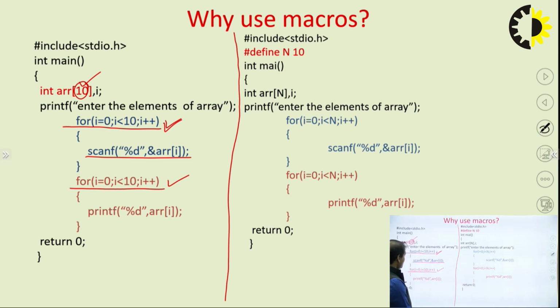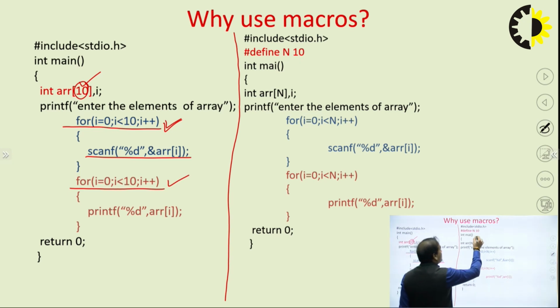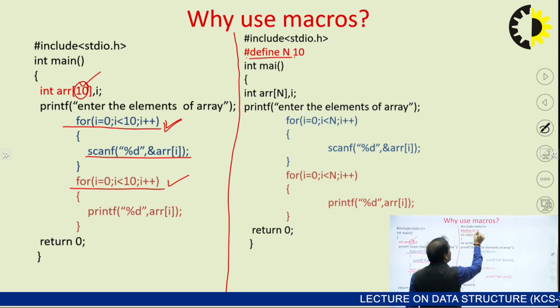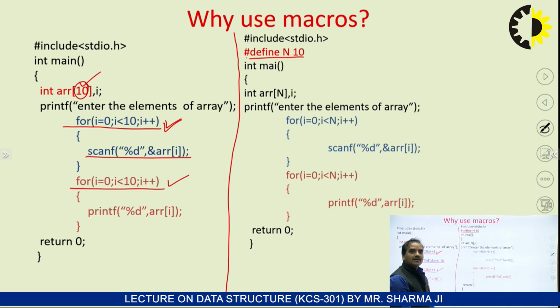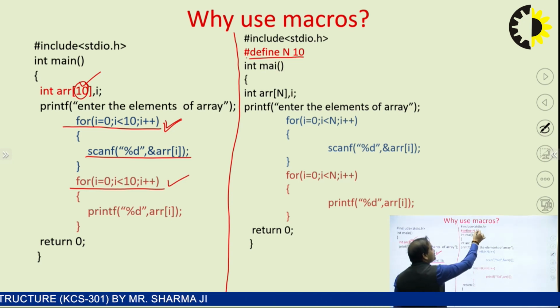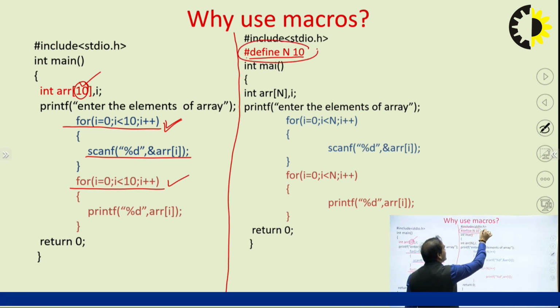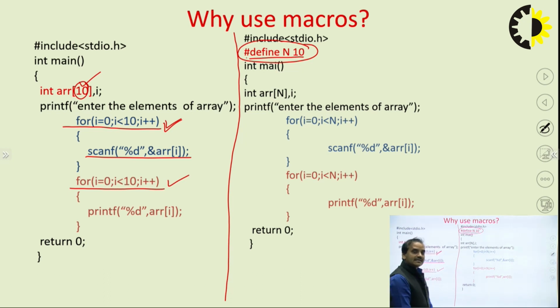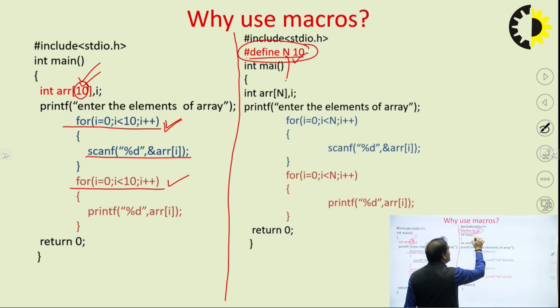But what is the difference when we use macros? In this program, we write the same code by using a macro. Here we use the macro #define n 10. That means here the size of the array is 10 and here also the size of the array is 10.